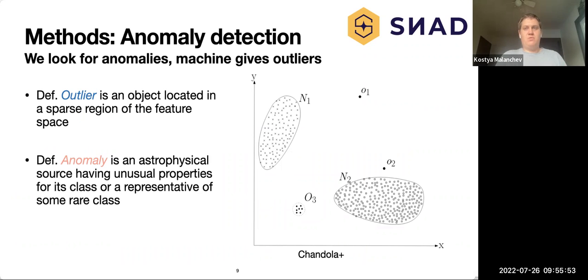Since we are interested in anomaly detection, let me use some definitions of anomaly and outlier, which are not the same as Dan just used. Sorry, Dan, but let me just use these definitions for this talk. We say that an outlier is something we could find as part of our feature space, while an anomaly is an unusual astrophysical source, or unusual in terms of its properties, or just unusual for this data set.